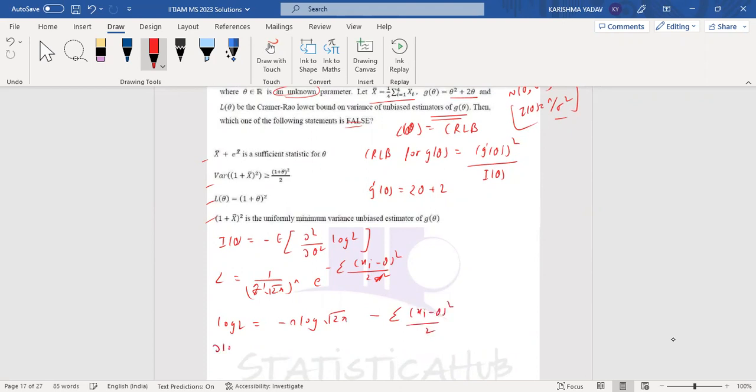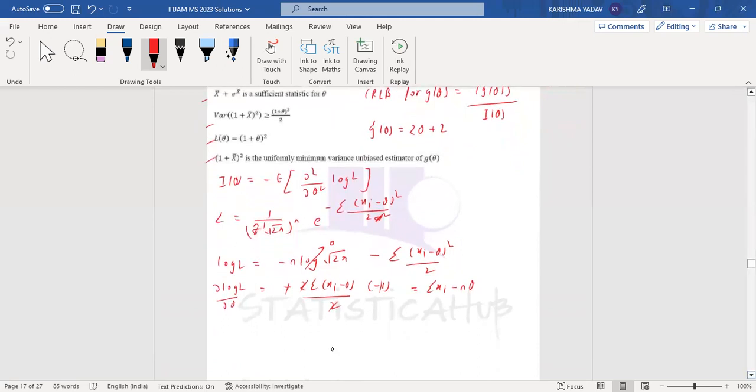Del by del theta of log L: this first term goes to 0, and this will be minus 2 summation (xi minus theta) upon 2, times minus 1. The 2s cancel out, negative becomes positive, and this is sigma xi minus n theta. Differentiating one more time, del square log L by del theta square equals minus n.